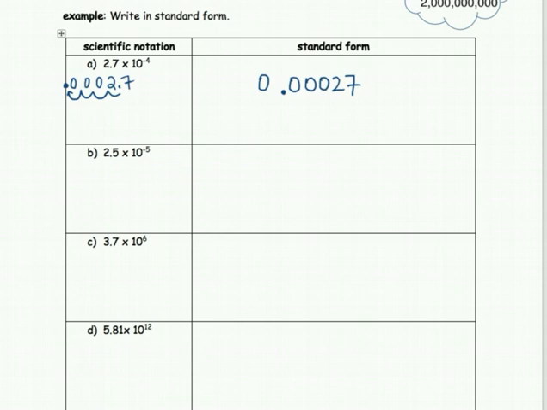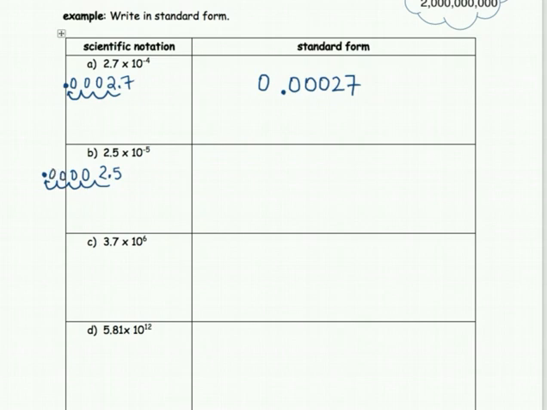Again, I'm going to just write it separate here. Okay, so it says -5, so we're going to move 5 spots. So again, it's a small number, so we need to move this way to the left. So 1, 2, 3, 4, 5. Okay, and then put your dot there. All right, so go put a 0 in for every little loop here.